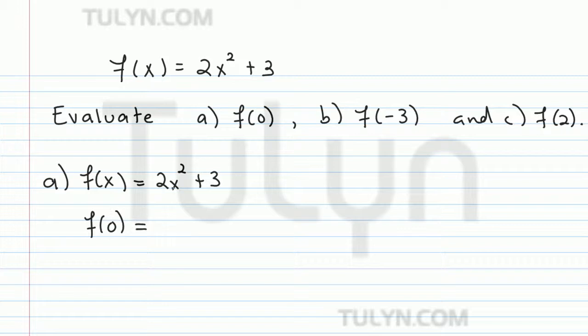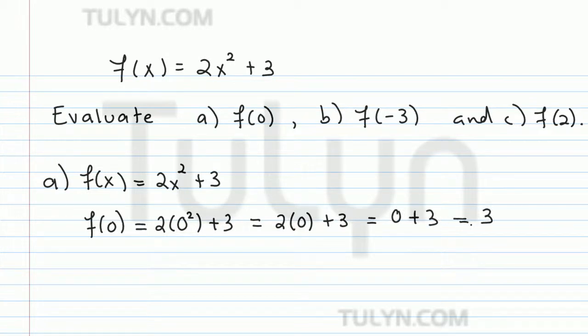So in this case, since there's an x squared here, this becomes 2 times 0 squared plus 3, and 0 squared is 0 times 0, which is 0. So 2 times 0 plus 3, and then 2 times 0 is 0. So f of 0 is equal to 3.